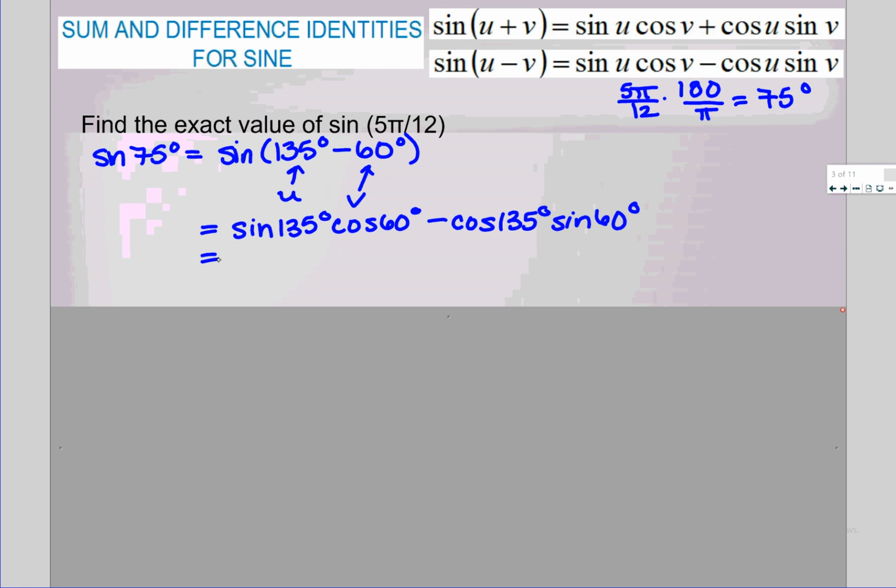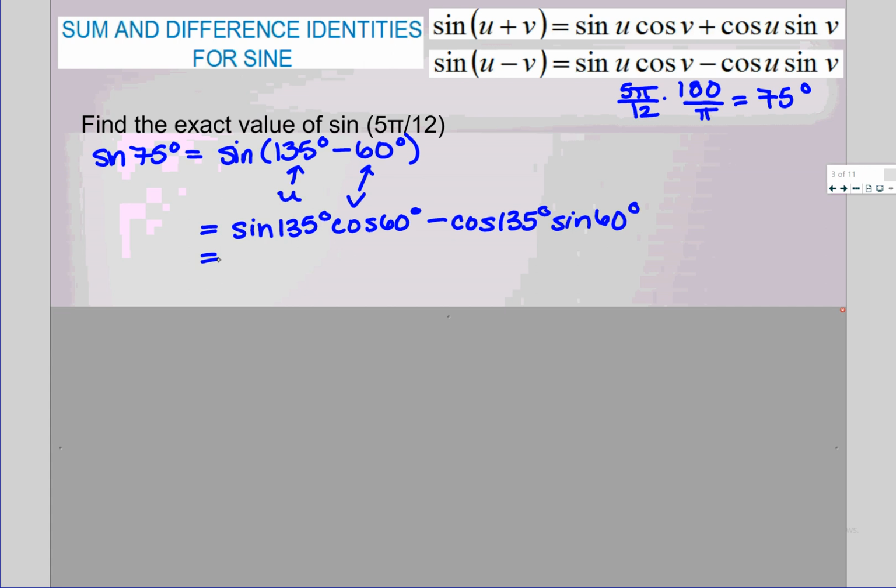So what is the sine, the y coordinate at 135? 135.